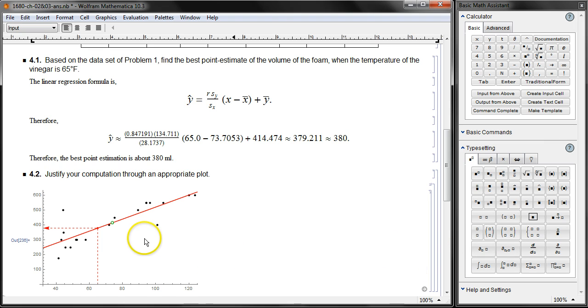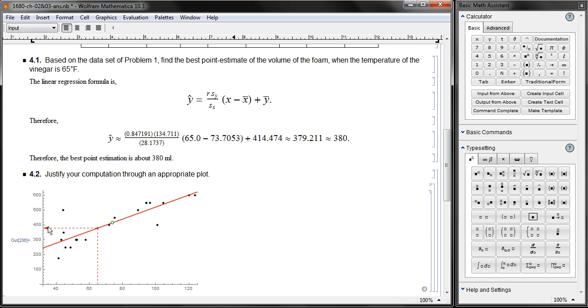The green point here is the mean point, x bar comma y bar. If you start from x equals 65 degrees here, go up and hit the appropriate point in the graph, and then move horizontally and read the y-coordinate value, 380.